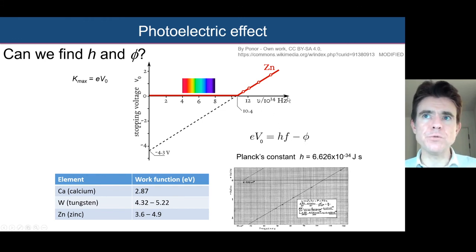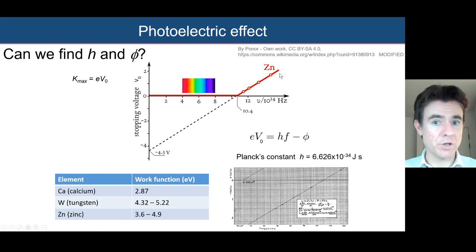And then for each of those values of f, we can tweak the applied voltage and find the voltage necessary to stop the current flow. If you do that, you'll find that you get this linear relationship, saying that as you increase the frequency of the incident light, you need a greater and greater stopping potential. Okay, that ties in with all that we've just been saying earlier.